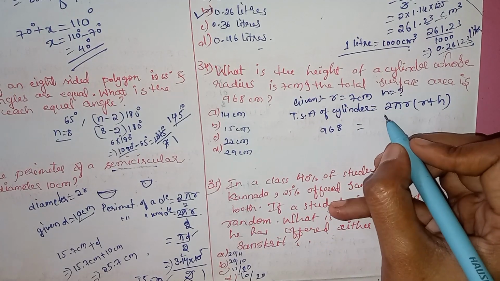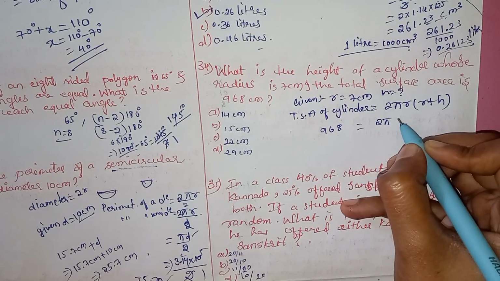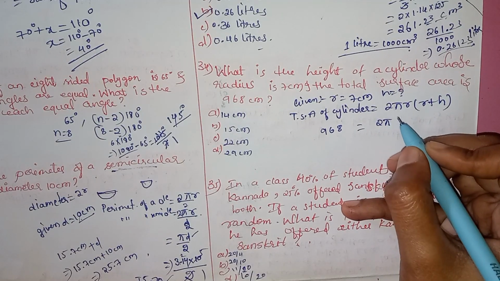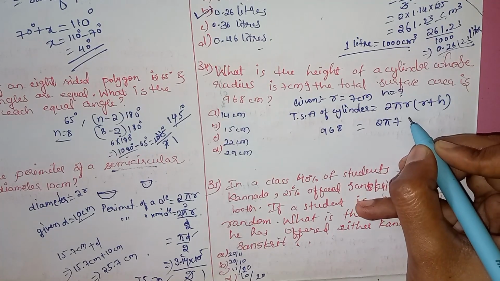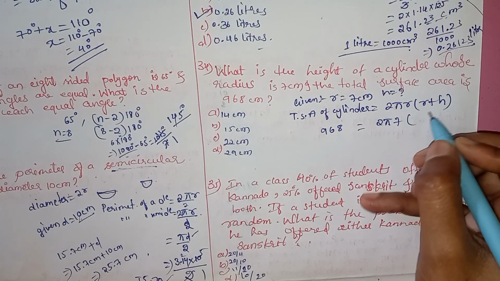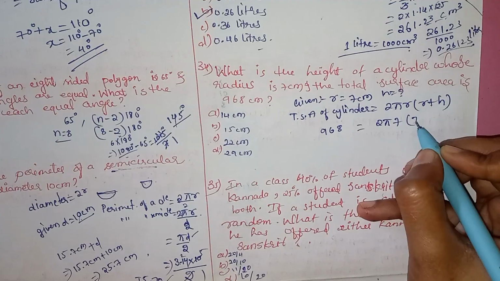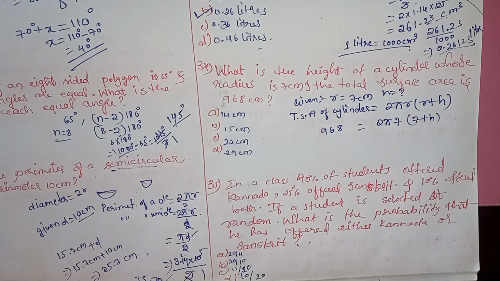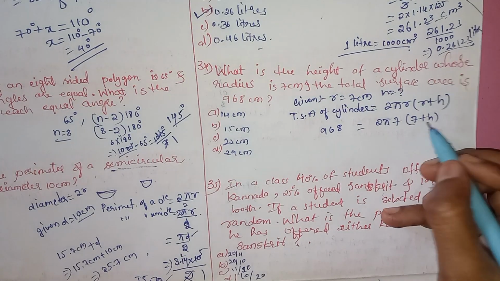968 is equal to 2 into pi into r. Radius is 7, into r plus h. What is r? 7 plus h. Solve the equation and we'll get the answer for height.